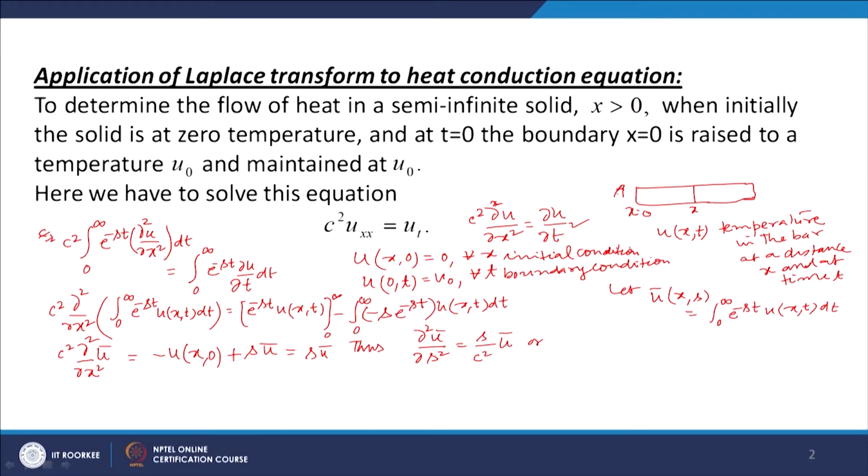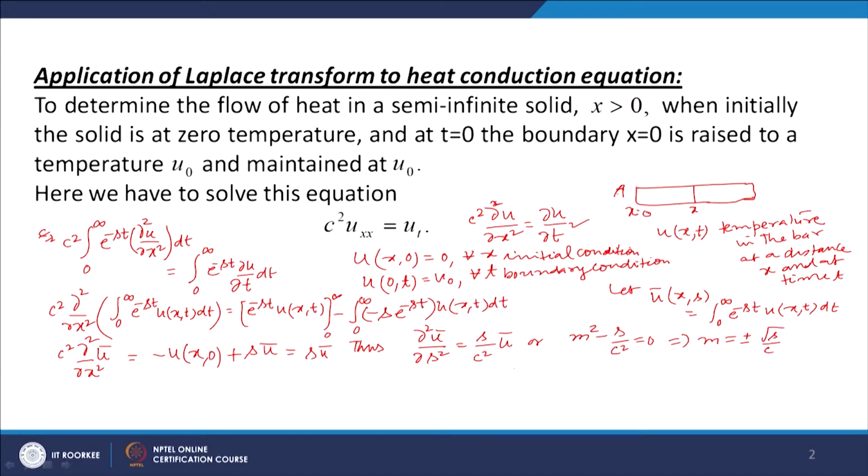we are where the variable is x, and we are keeping s as constant. So this is of the form auxiliary equation will be m square minus s by c square equal to 0 if we regard it as ordinary differential equation of second order. So then m is equal to plus minus root s by c.